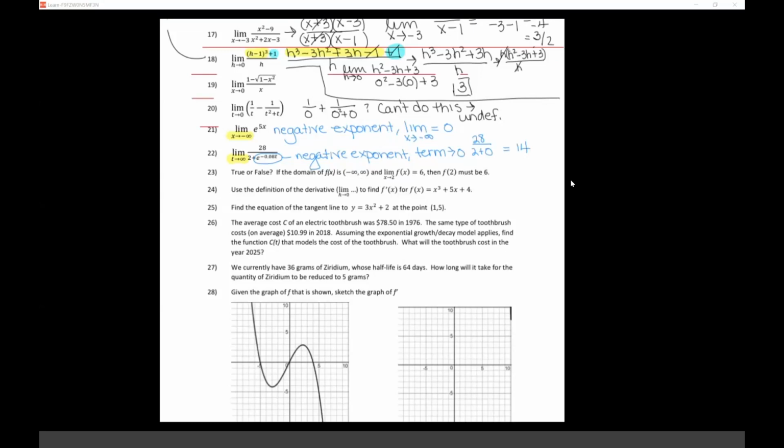Now the trick is, if you think it's false, find a counterexample. That means you want to see if you can come up with a function that's defined everywhere, the limit as you get close to 2 is 6, but maybe the function value at 2 isn't 6. Can anybody come up with a counterexample, or do you all think this must be true?